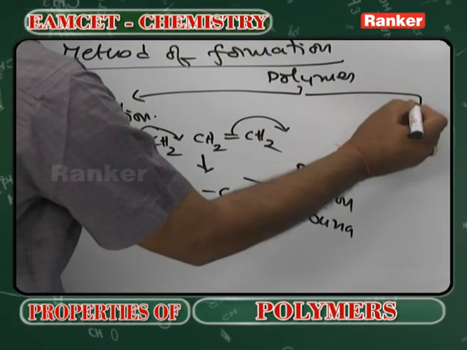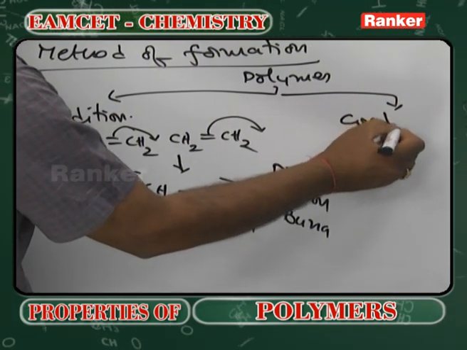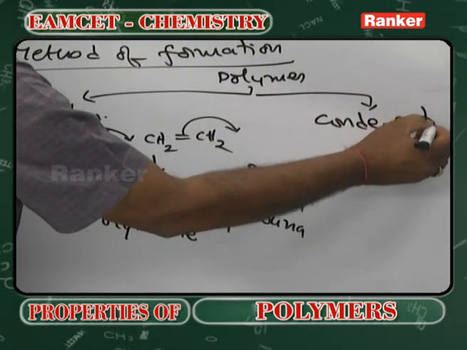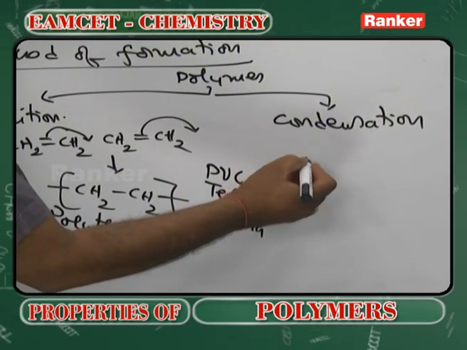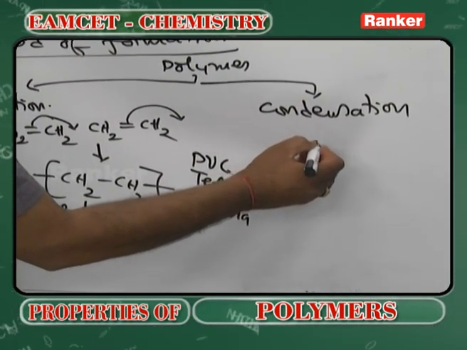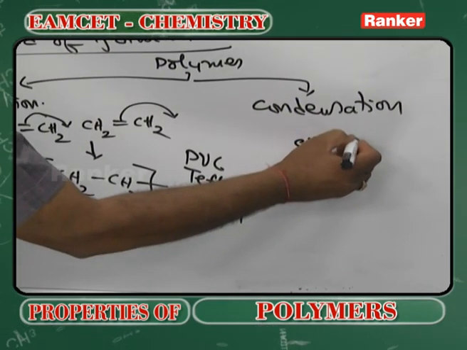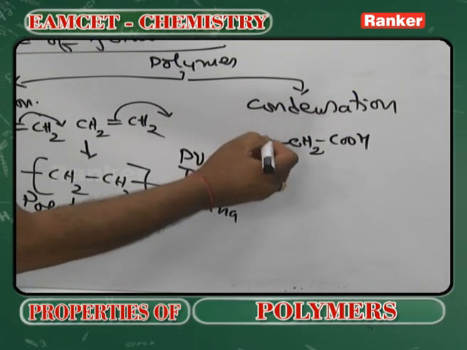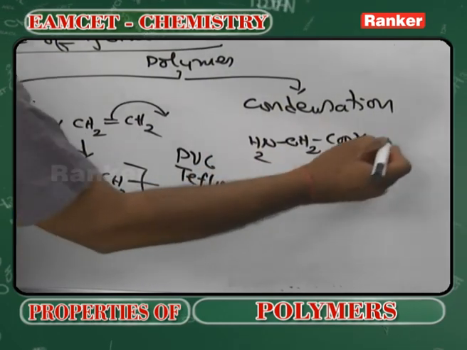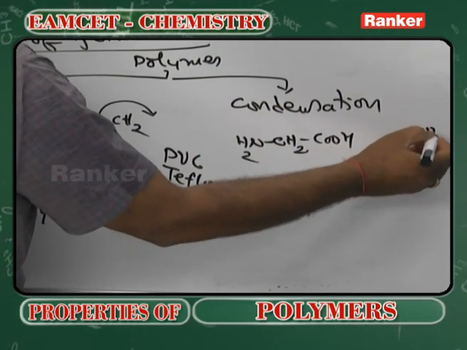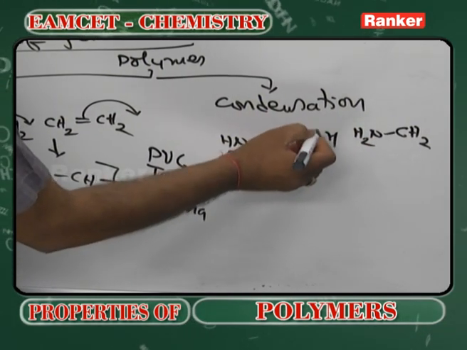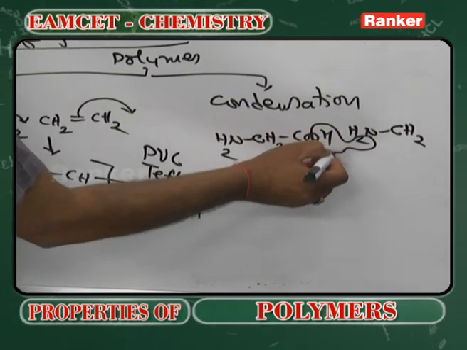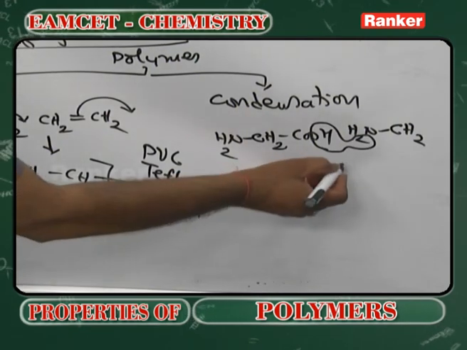The other method is the condensation method. What does condensation mean? If I have a compound with a carboxylic acid and an amino group, this is glycine. If this glycine reacts with another glycine, like CH2, NH2, the OH of the COOH and the H of the amino group are removed as a water molecule.